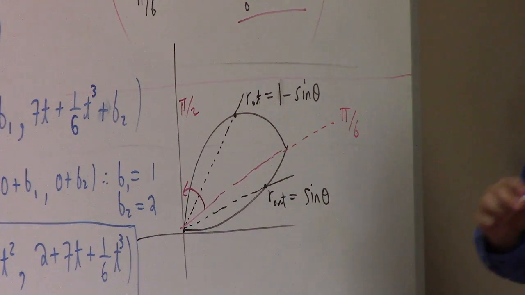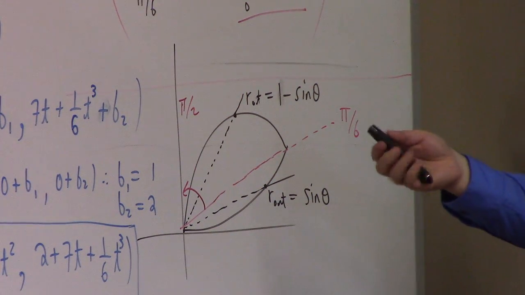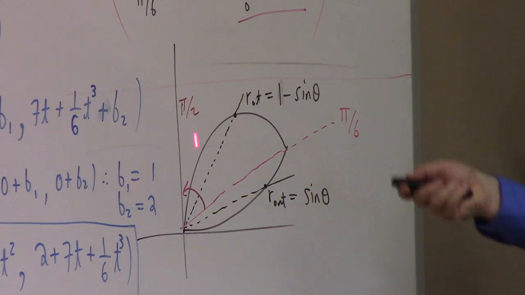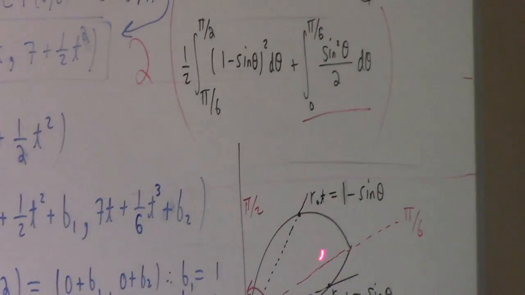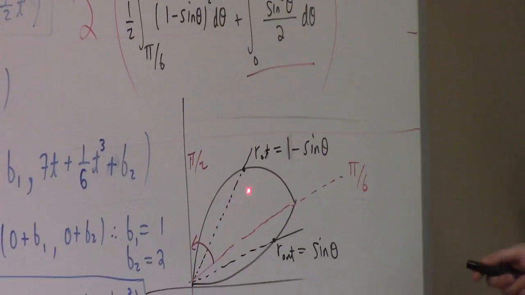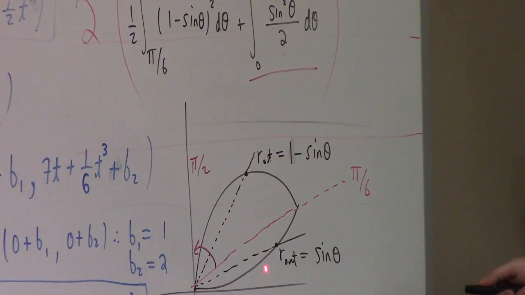So that's why I integrate from pi over 6 to pi over 2 to get the area of this piece up here. All right? And to get the area down here, I integrate from 0 to pi over 6 of 1/2 sine squared theta, because that gives me that area. And then I just double it, and that's how you get the whole area. Does that make sense?